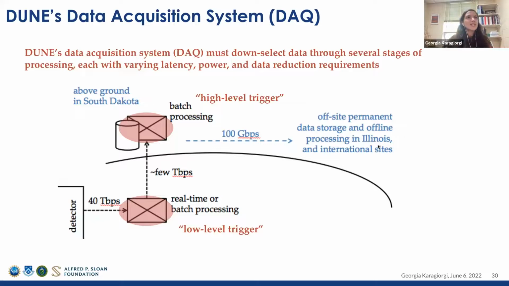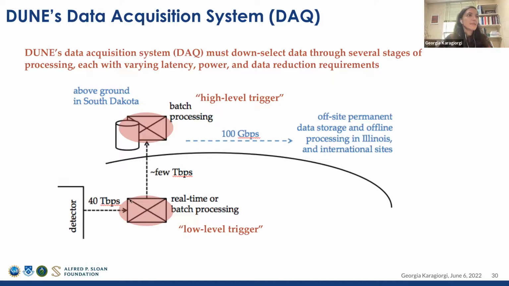And this down selection happens through several stages of processing, each one of which comes with varying latency, power, and data reduction requirements. In particular, there are 2 levels of processing, one which happens deep underground and is called a low-level trigger, and it can be real-time or batch processing.